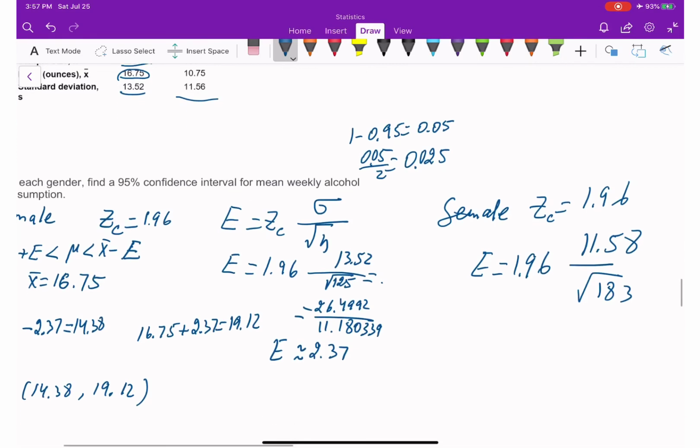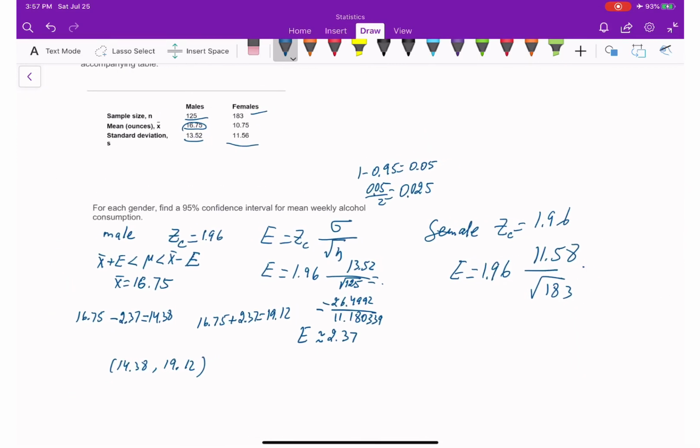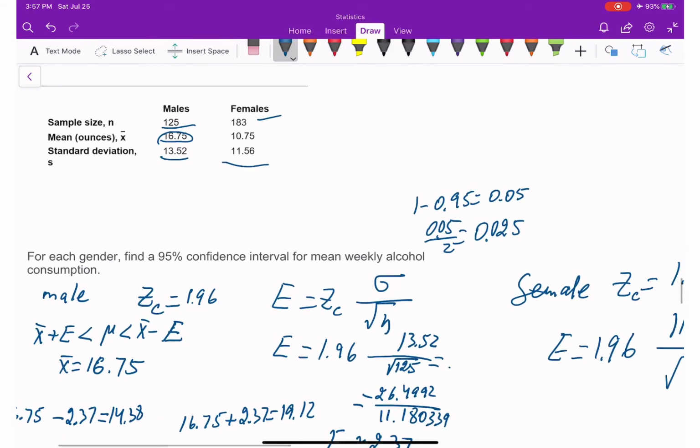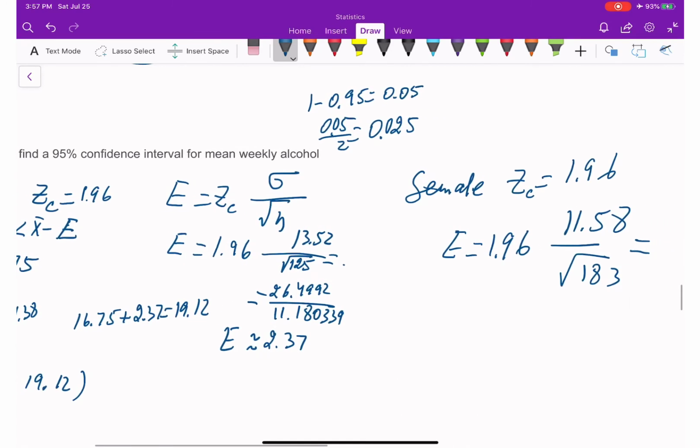Okay? So whatever number you get here, again, what you are doing, you take X bar, which is 10.75 for females, 10.75 minus margin of error, and then 10.75 plus margin of error.